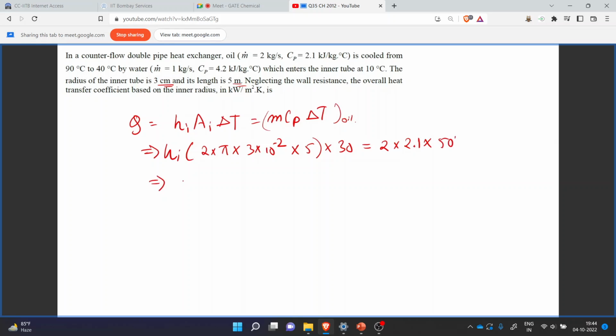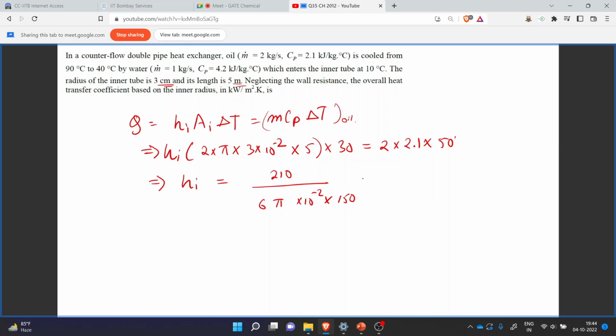So from here we can get this Hi is 210 upon, that is, you can write 6 pi 10 raised to minus 2 into 150.